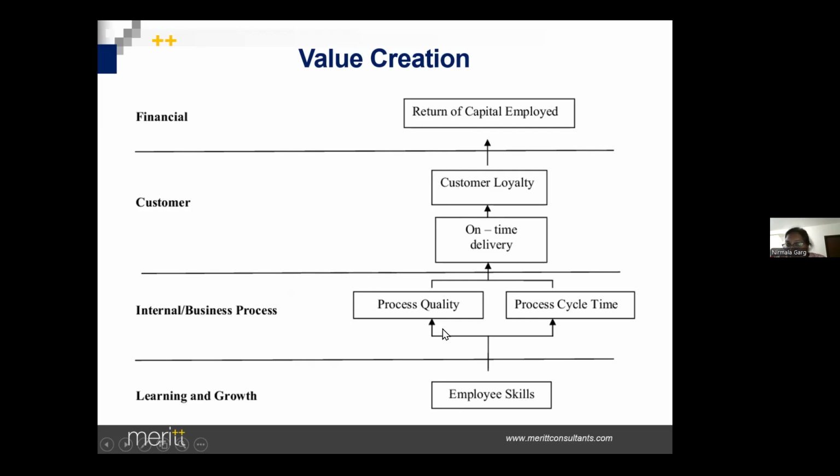If you hire better employees with better skills, with better training, then your quality of processes is better. Your process cycle time comes down because you have better people operating this. Then you are able to deliver on time. So your customers are loyal and therefore there is higher return. Are you seeing that? So it actually works from the bottom.